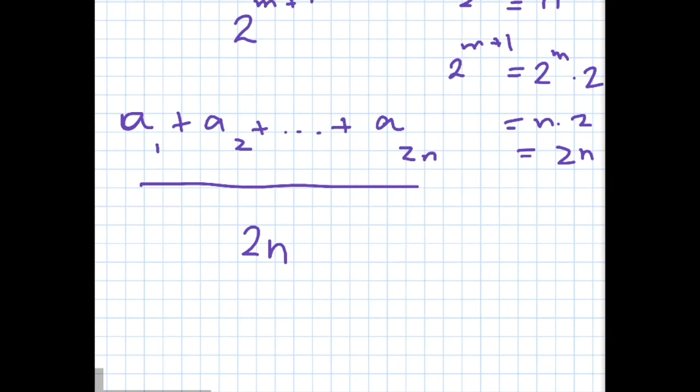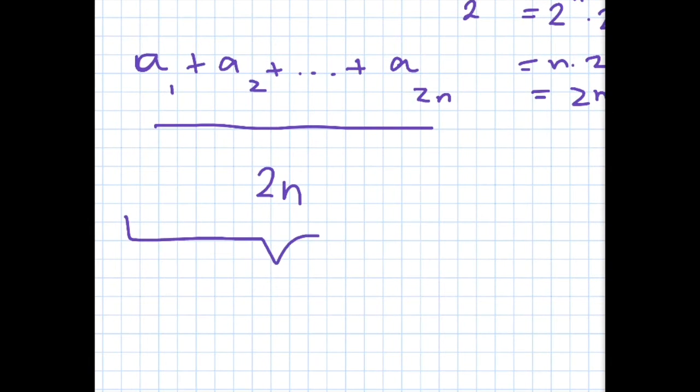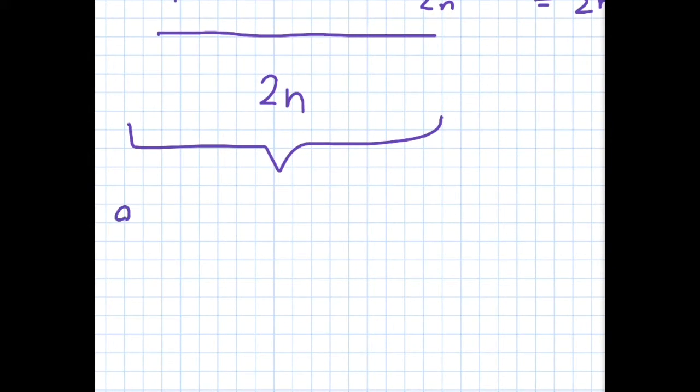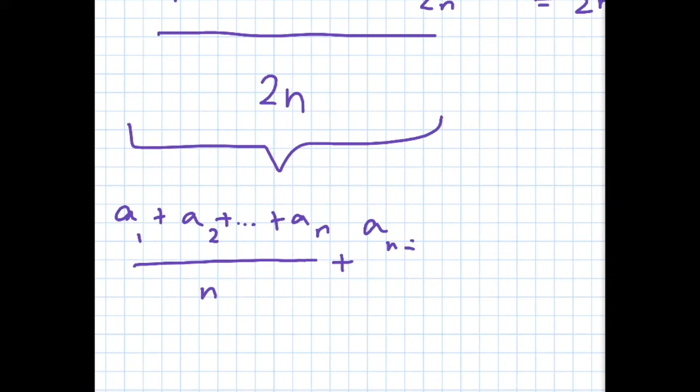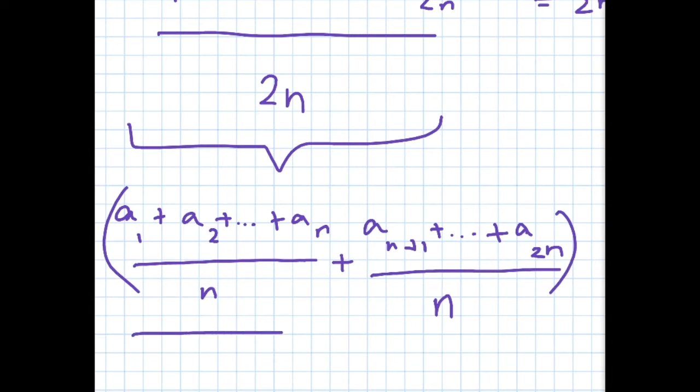Now we can split this more. We can say a1 plus a2 plus up to an, over n, plus the next n numbers, so we start with a n plus 1 and end with a 2n, over n. But there's a 2 also in the denominator, so we say this divided by 2.